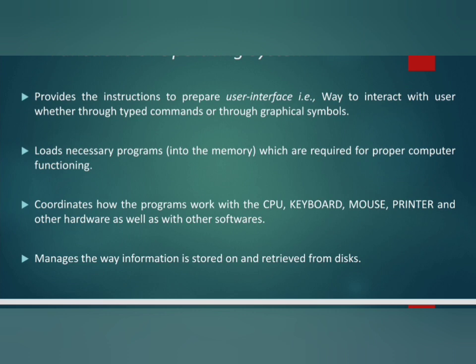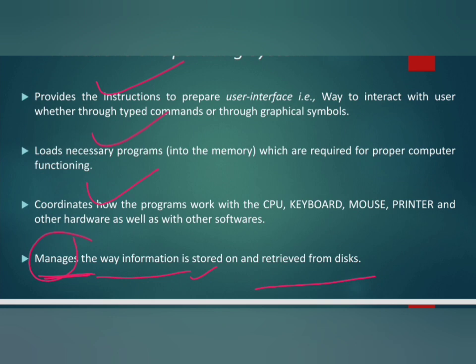The last function that we have is it manages the way information is stored on and retrieved from disk. So see here, the word says manages. So apart from providing instruction, loading the program, organizing, it also manages. What does it manage? It manages the way, that means how the information should be stored, that means saved, and retrieved from the disk. Retrieve means to get.